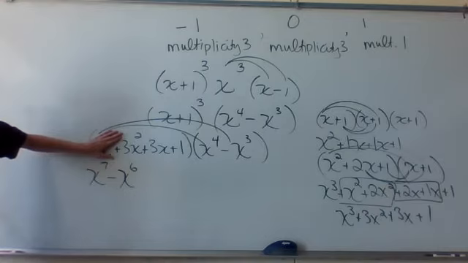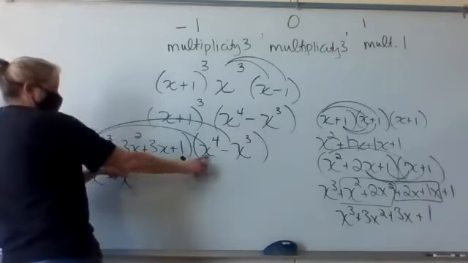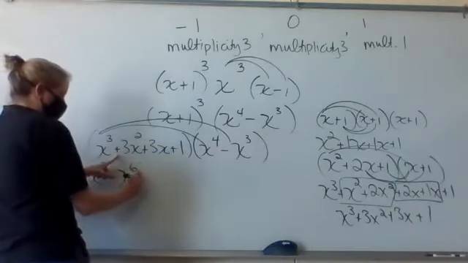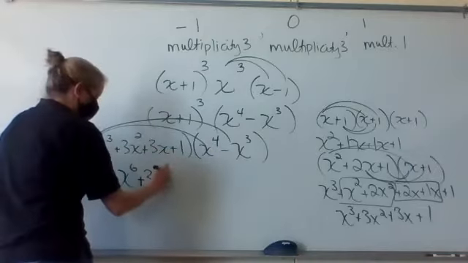So I'm done with distributing this. So now I'll move to distribute this. So 3x squared times x to the 4th. What's that going to give me? Positive 3 x to the 6th.